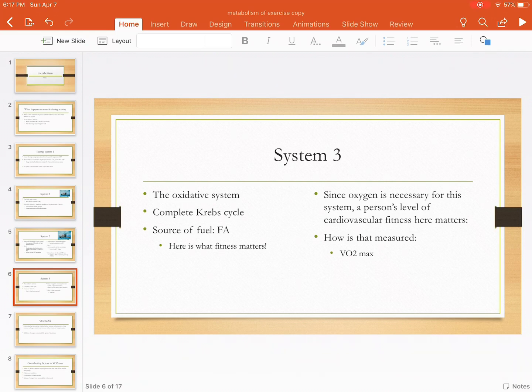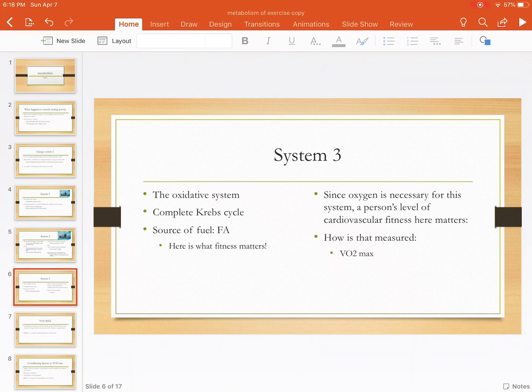The main source of the fuel here is fatty acid, and that's why here your fitness matters. The level of fitness of somebody for this system to really work matters. The oxygen that is necessary for this system, it's called the oxidative system.